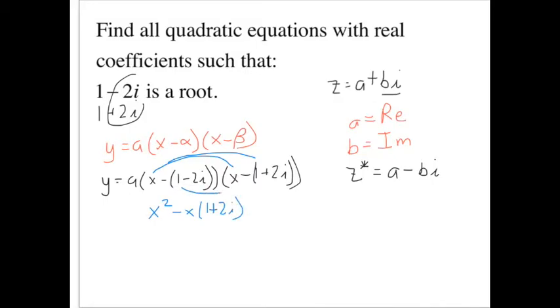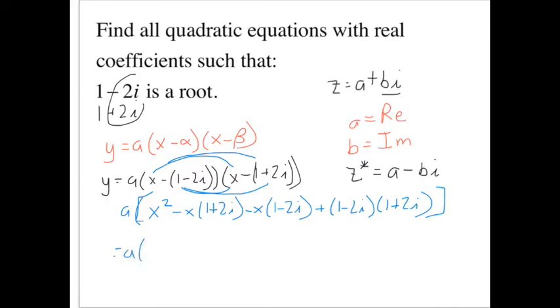And then this times that will give me another minus x times 1 minus 2i. And then when I multiply those two together, I'll get a positive, and then it'll be 1 minus 2i times 1 plus 2i. Now, at this point, I do still have this a hanging out here in front, so don't forget it. And we can now simplify.